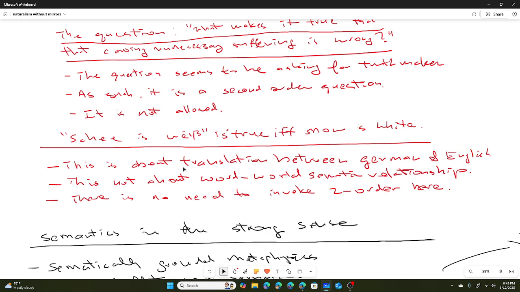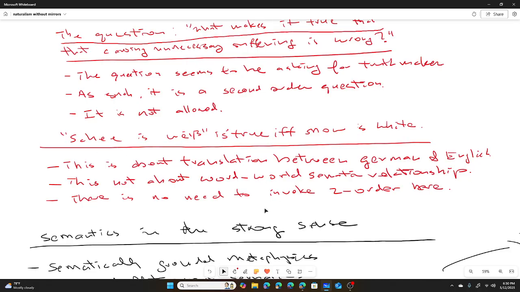We are really not talking about a word-world semantic relationship. We're not talking about the relationship between the word or term "snow" and the property of snow, which is the whiteness of the snow. We are really just translating between German and English.